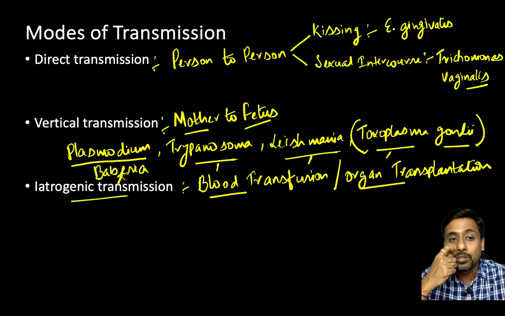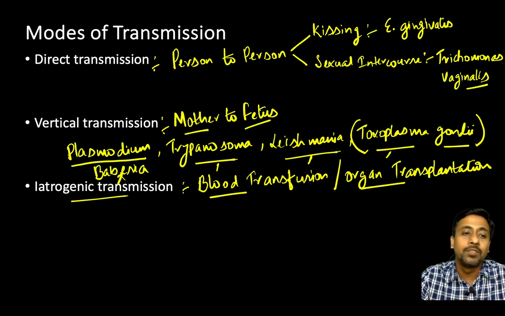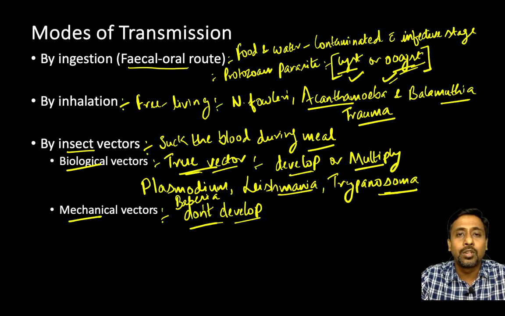The protozoan parasites which are transmitted vertically and iatrogenically are the same, that is Plasmodium, Babesia, Trypanosoma, Leishmania, and Toxoplasma gondii. And for insect vector, the parasites are the same, except Toxoplasma, which cannot be transmitted through insect vector.